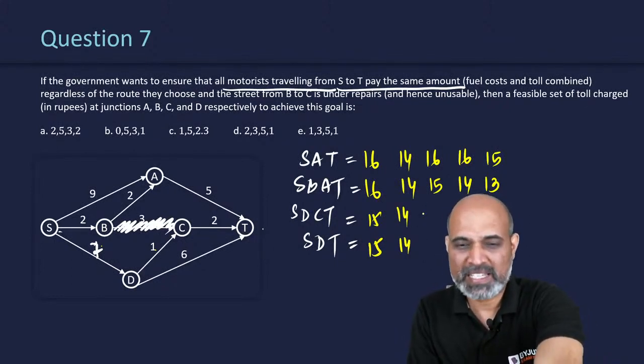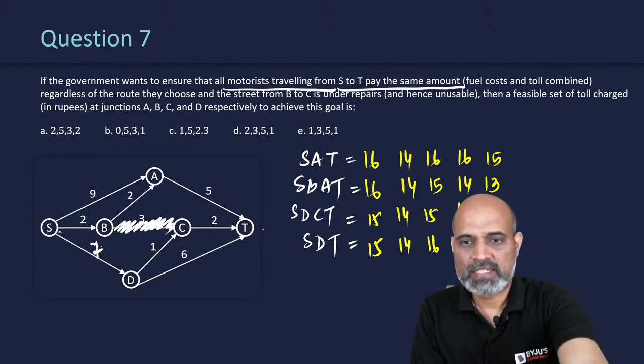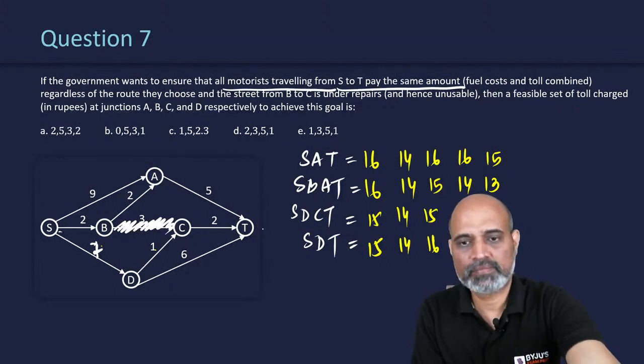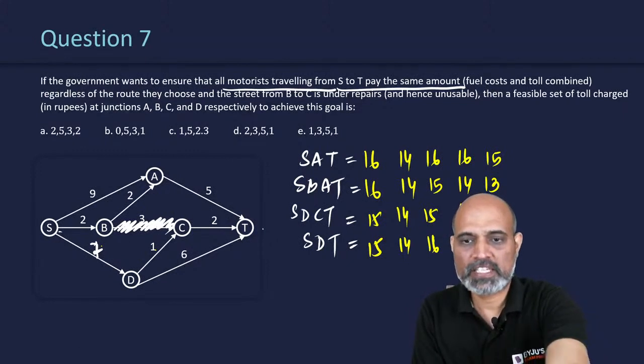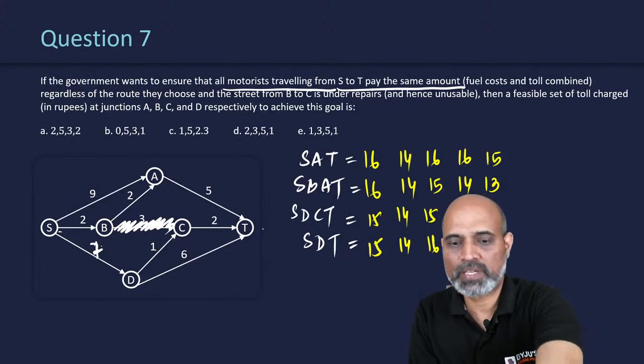If we increase this by 6, this one will become 15 and 16. Increasing by 6, this one will become 16, 16 and 14. And if we increase this by 6, this is going to be 16 and this is going to become 14.